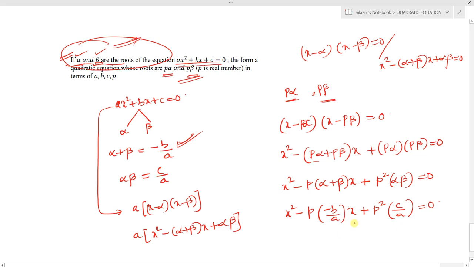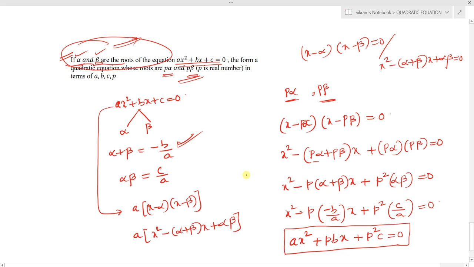Now if we cross multiply the a, then what we get is finally ax square and minus into minus plus pbx plus p square c equals to 0, which is our required quadratic equation whose roots are p times alpha and p times beta.